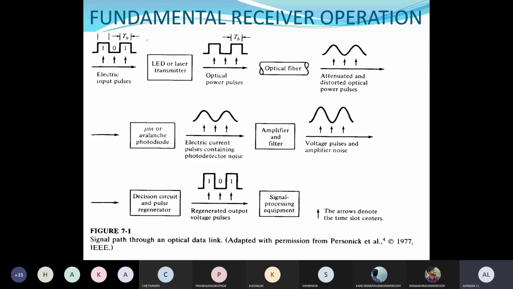Now after that, if we want to do some modifications to the signal, some operation with respect to the signal, we can consider signal processing equipment.